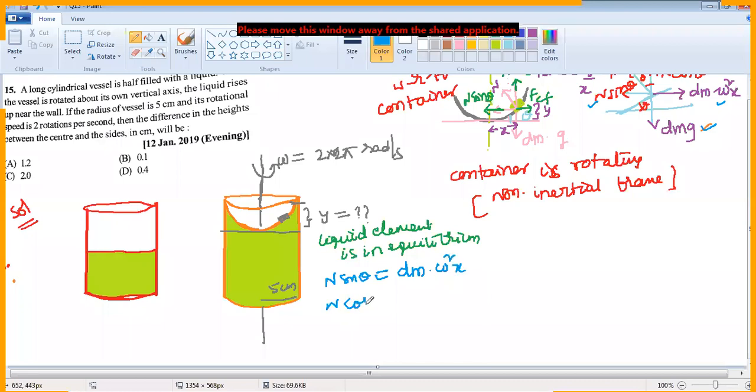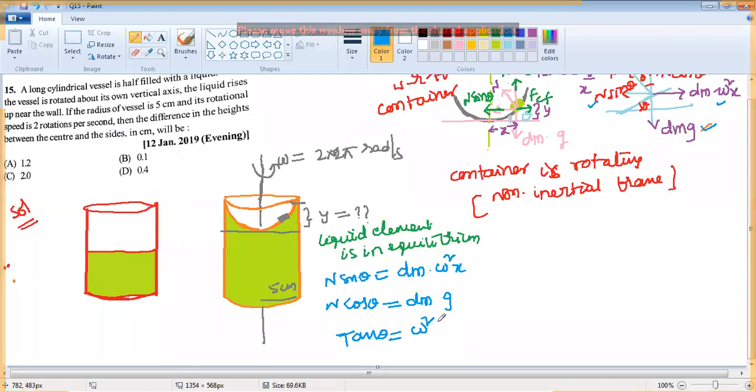N cos theta is balanced by dm into g. Now taking these two, dividing 1 by 2, tan theta equals omega square x by g.